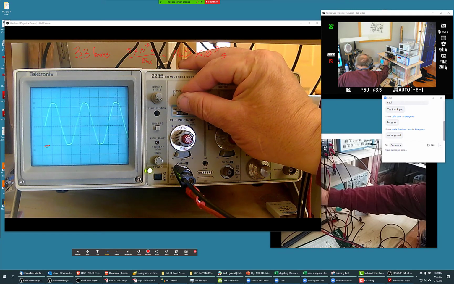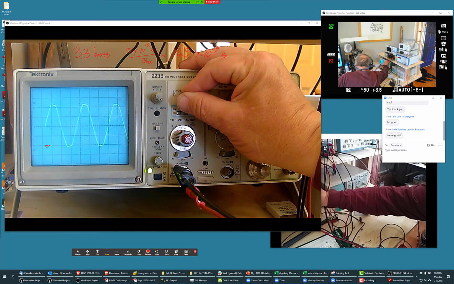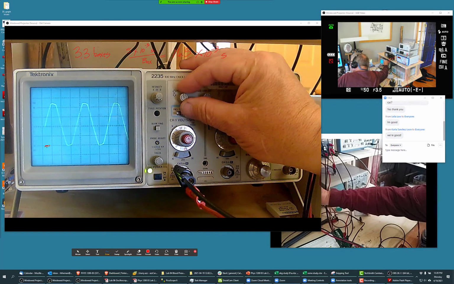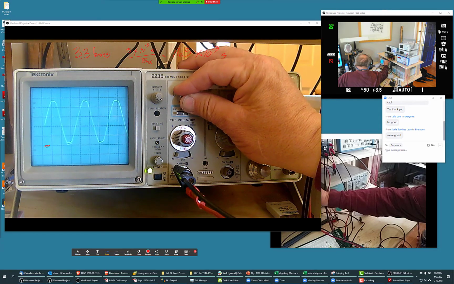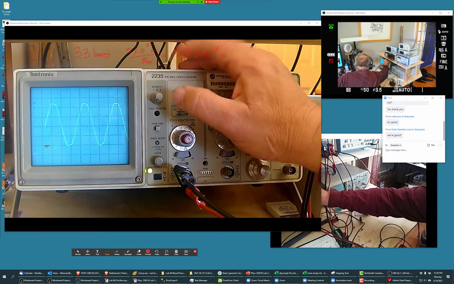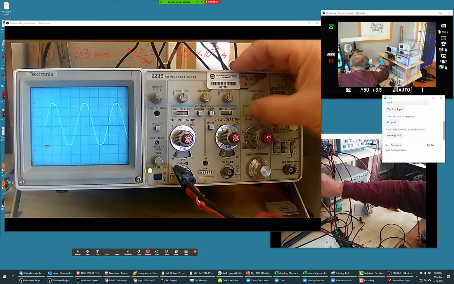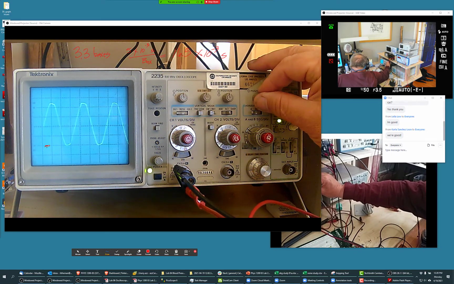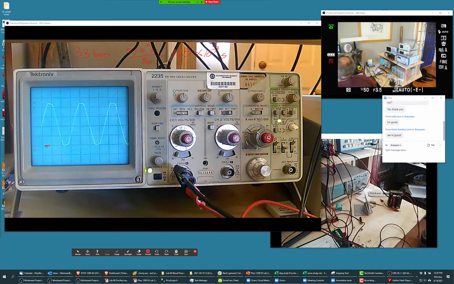It has a certain width. So the practice is to get it centered, which is not easy. It can be hard, especially since these knobs are getting old. Oh, nice. And then we want to move and take advantage of our special line.